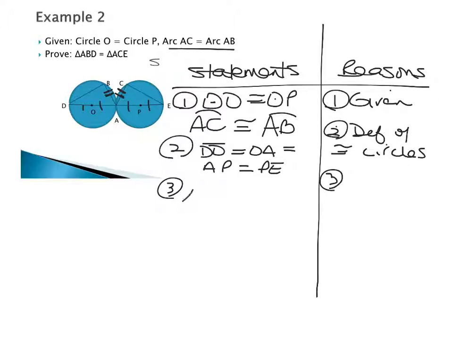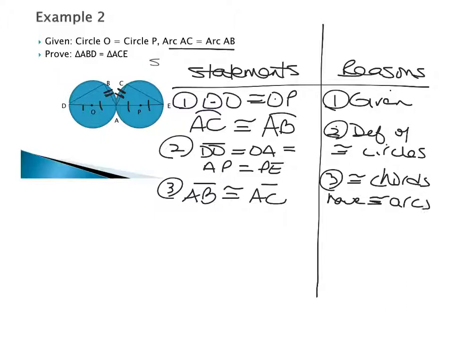So here I could say AB is congruent to AC, and I could say congruent chords have congruent arcs. See that we have angle B and angle C are going to be right angles because those are triangles that are inscribed in the semicircle. So I'm going to state that angle B is equal to angle C, which is equal to 90.